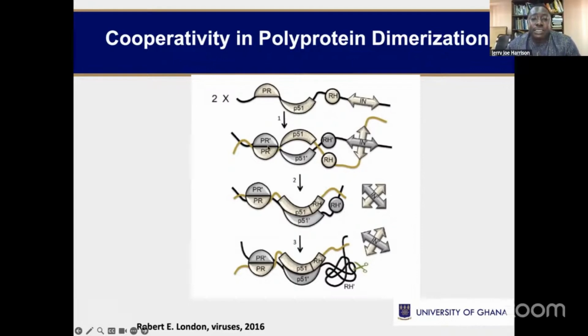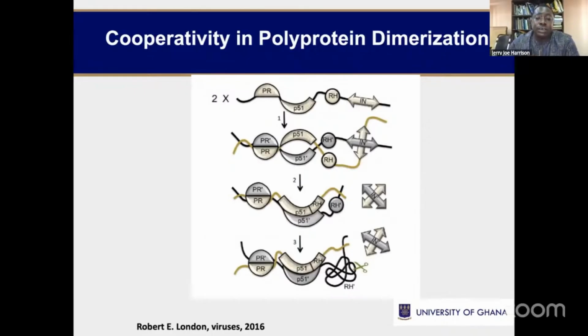And then when the protease is dimerized, it will cleave off the integrase, and that will allow the reverse transcriptase portion to also dimerize. Then the protease can cleave the C-terminus of the p51 RNase H to mature the RT, and subsequently the protease cleaves itself.